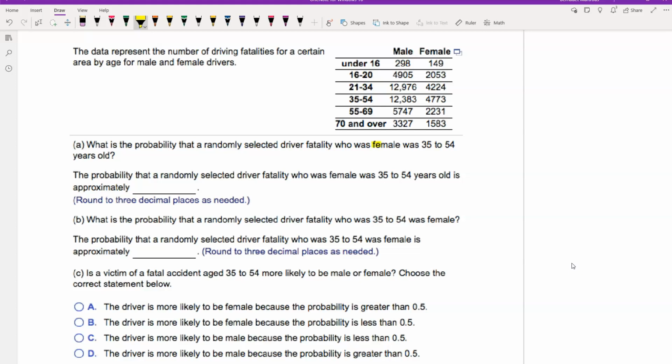So who was female was 35 to 54 years old. On this part, the event that is given is this one, so that is given.